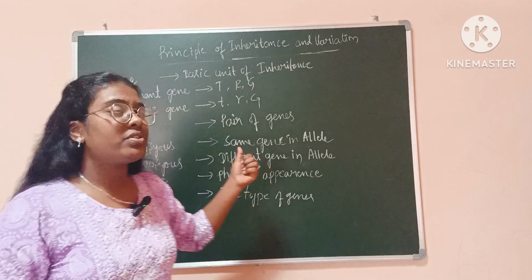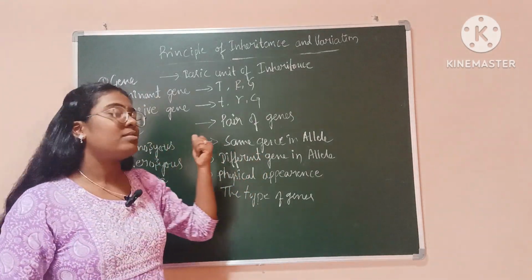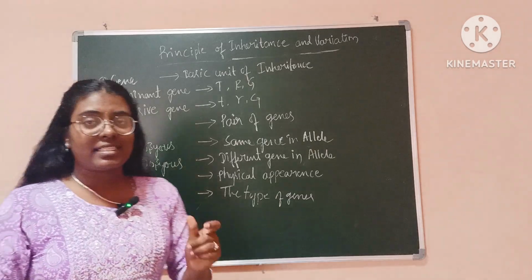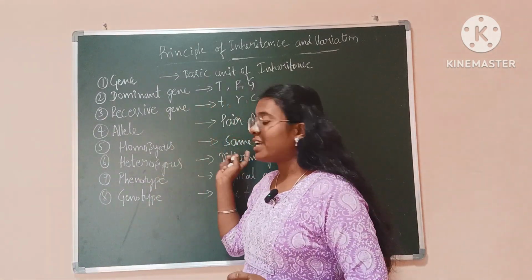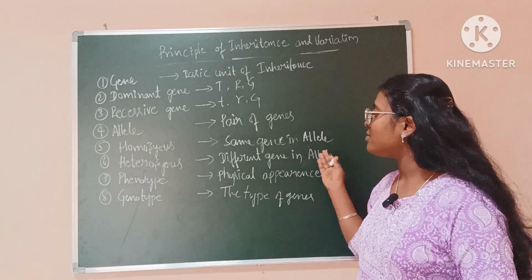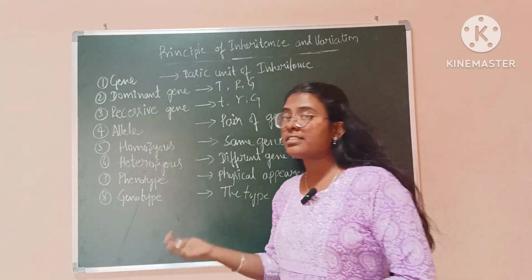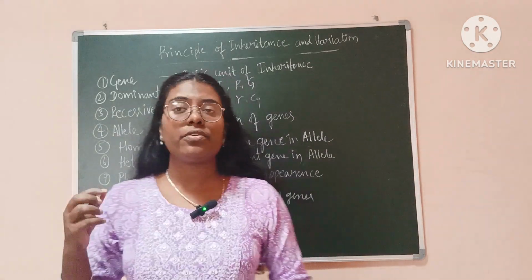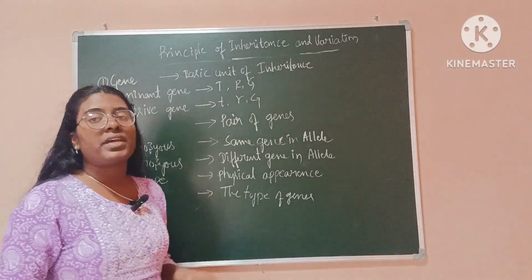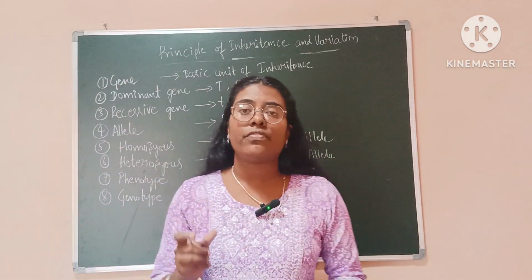The homozygous condition means the pair of genes are similar, and heterozygous means the allele has two different genes. And coming to phenotype, the physical appearance of the organism is called phenotype.